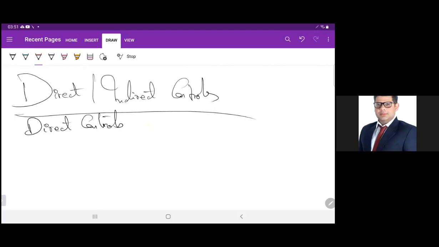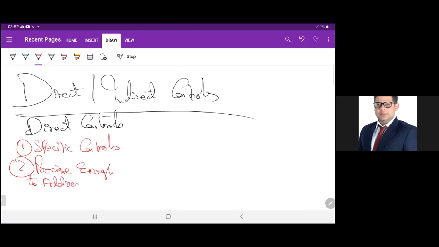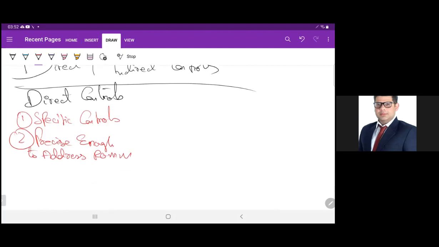Direct controls are the specific controls. These are the specific controls which are precise enough to address what? To address risk of material misstatement at the assertion level.